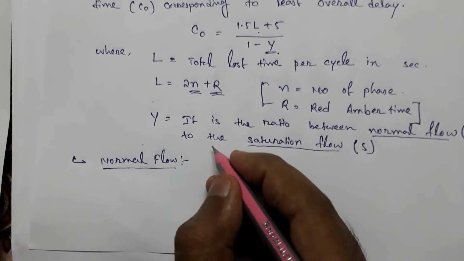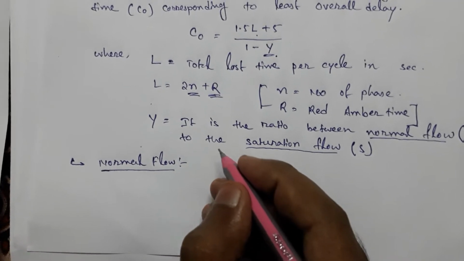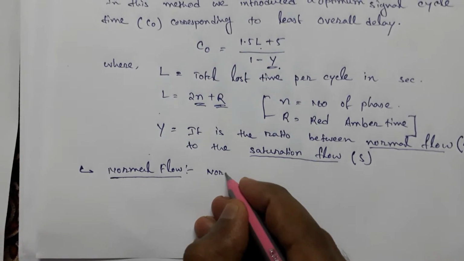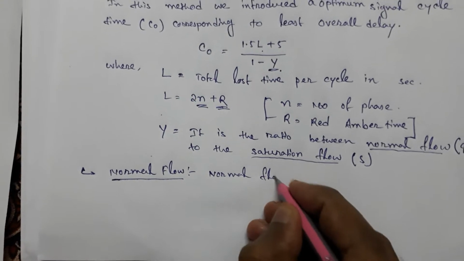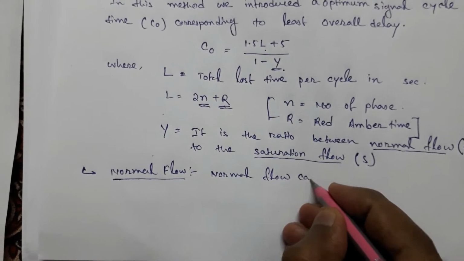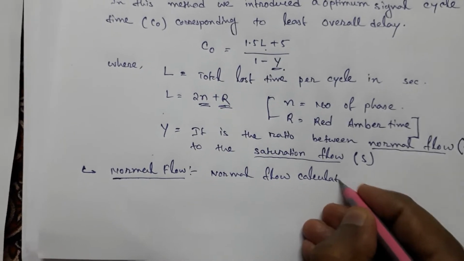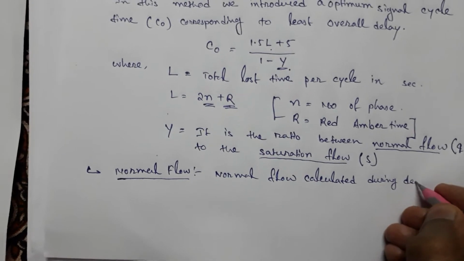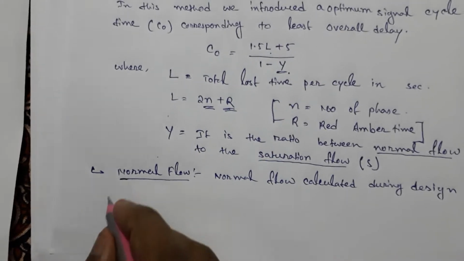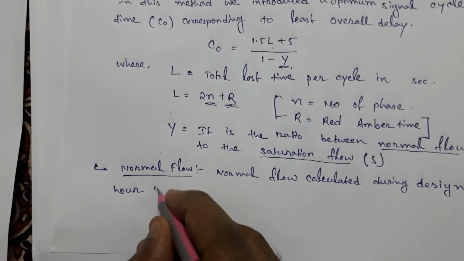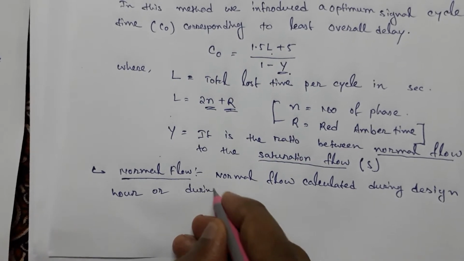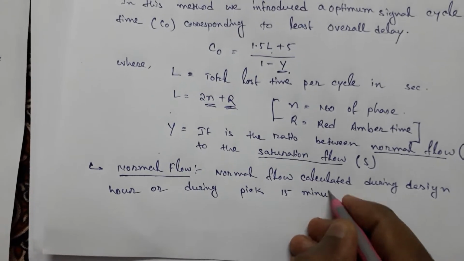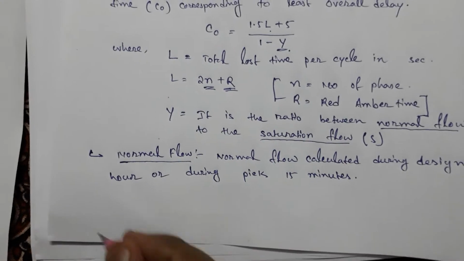Normal flow is calculated during the design hour or during the peak 15 minutes. And what is the saturation flow?